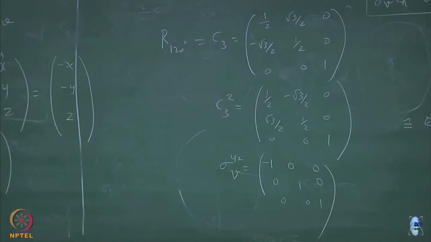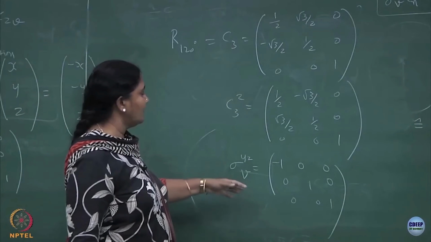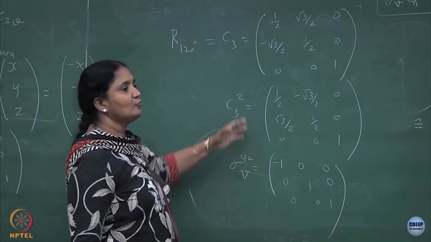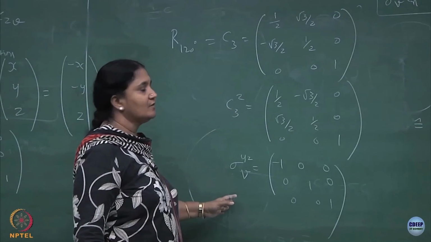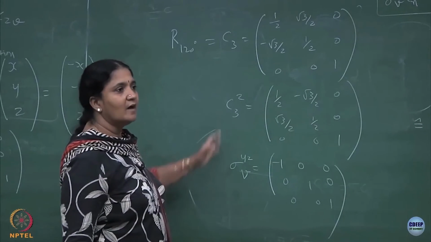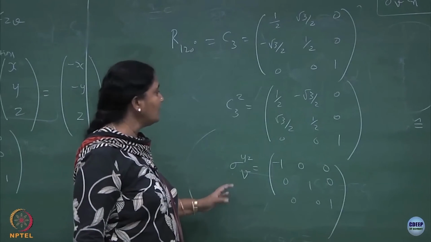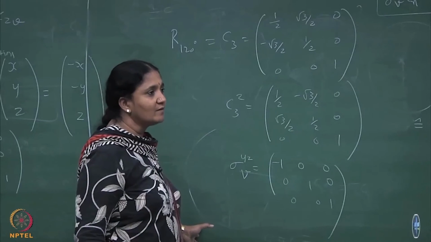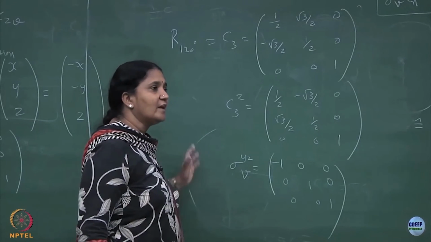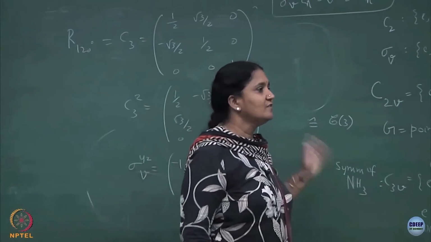How do you do it? You just multiply things. You multiply this with this, C3 squared with this, right. You can start generating the other two elements, right. Once you have a sigma v, you start multiplying and see how many non-trivial elements you get, and you generate a matrix representation for the C3V group.